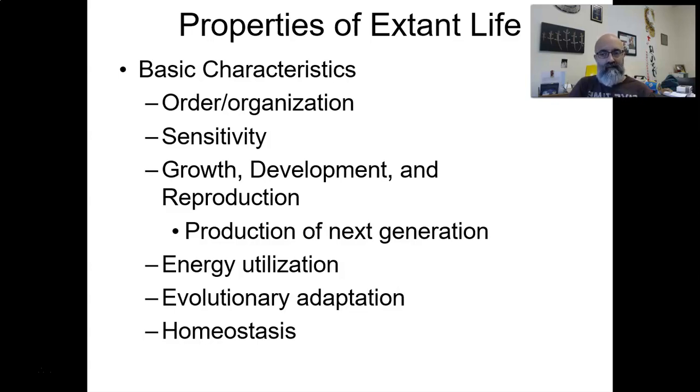Living things are sensitive to their environment. They have to be able to sense different temperatures, salinity, pHs, and a lot of times this results in movement away from or towards different things in the environment. Living things grow. They develop, right?